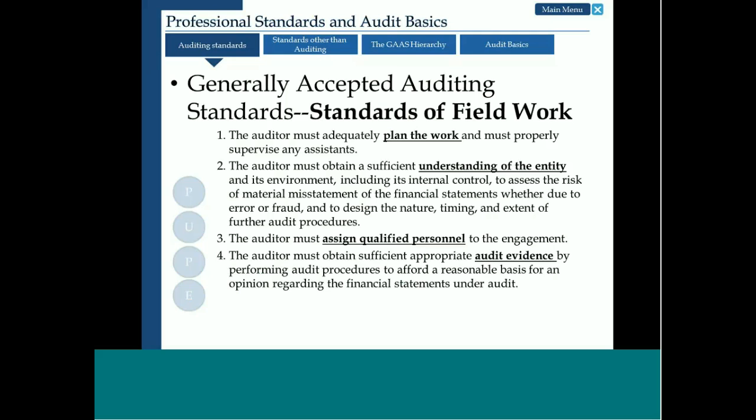So generally I would call it PUPE: Plan the work, Understand the client, Proper personnel, and E, Evidence, sufficient and appropriate audit evidence. So this is called the standards of field work.